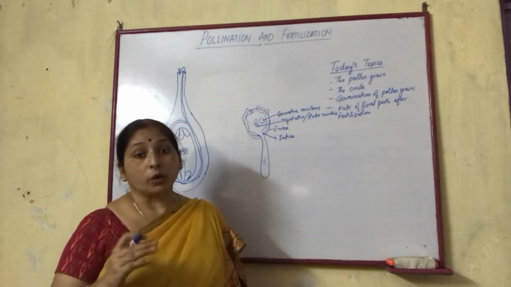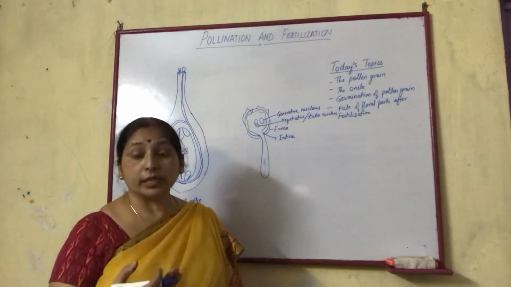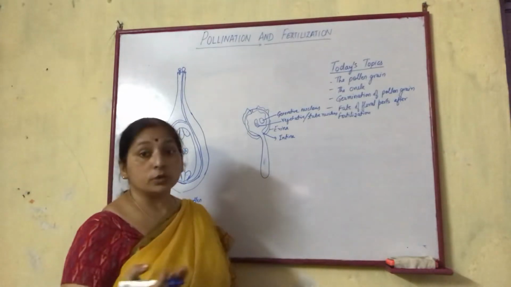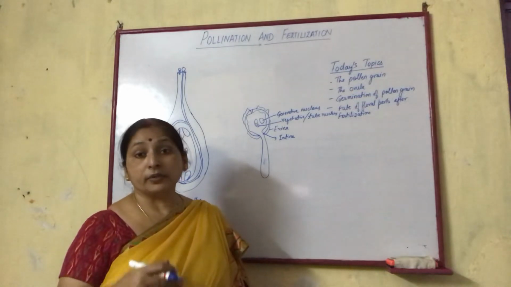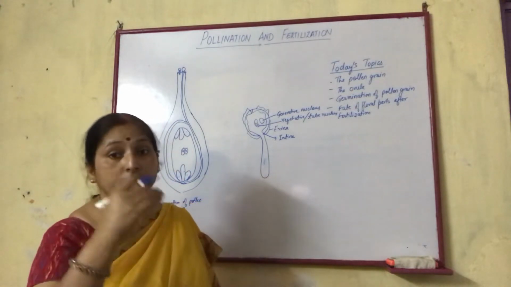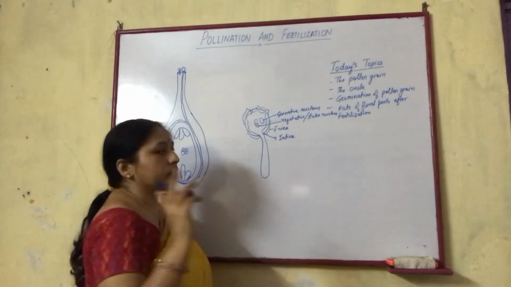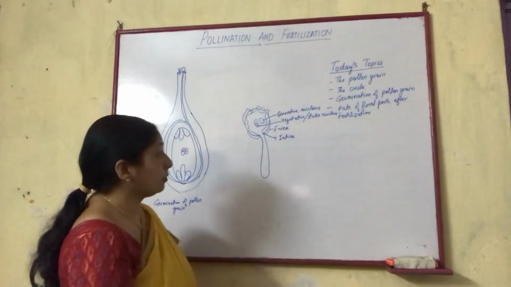Pollen grains are shed at two-celled or three-celled stages. If shed at the two-cell stage, then while the pollen tube germinates, one of the cells divides to form a three-cell stage.